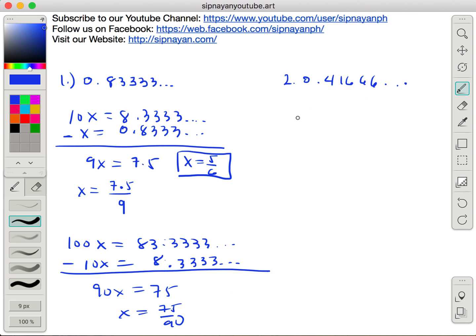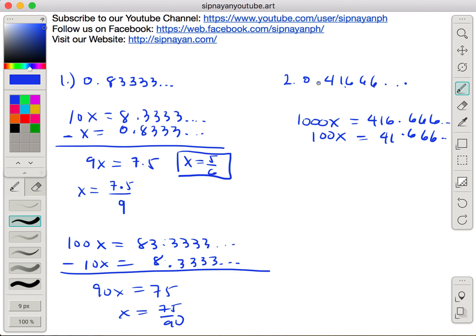So, ang gagawin ko dito is 1,000 na. 1,000x equals 416.666 and so on. Tapos, para matanggal, dapat may 0.6 ako dito, di ba? So, pwede akong 41.6, tama? So, 41.66 and so on. Dapat pareho kasing 0.6. So, pag nag-41.6 ka na dito, hindi mo na ito masa-subtract. Kaya ang ginawa ko muna, 1,000 muna. So, 41.666 is 100x.